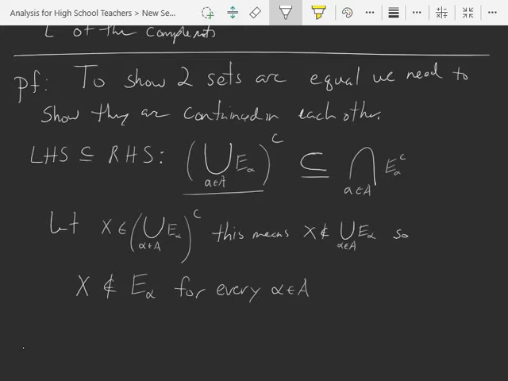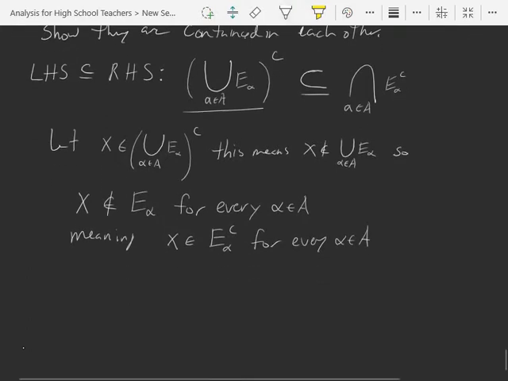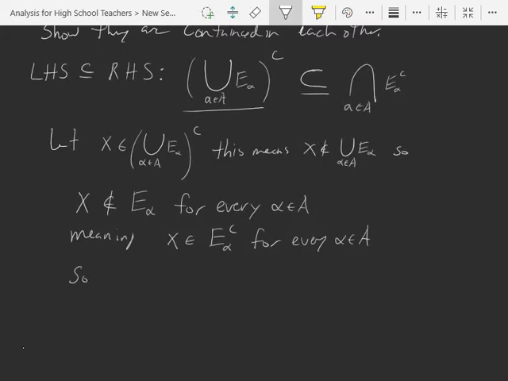So x is not in E sub alpha for every alpha in A, meaning x is in E sub alpha complement for every alpha in A. So since it's in the complement for every alpha, x is in the intersection of the complements for every alpha in A, which is equal to the right-hand side.